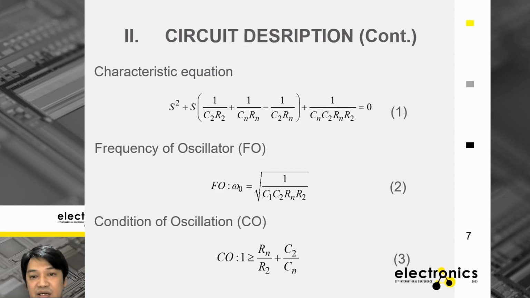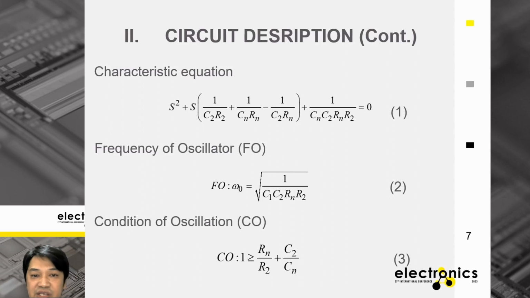From the figure, as I told earlier, we can obtain the characteristic equation by equation number 1, as well as the frequency of oscillation, which we shorten to FO, by equation number 2, and the last one, the condition of oscillation, which we call CO, in equation number 3.